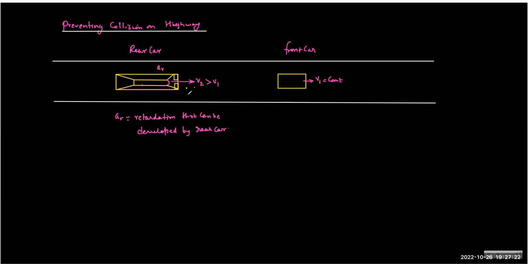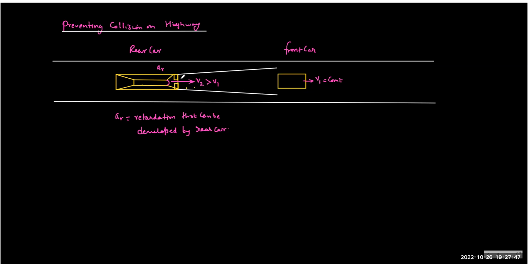And because the headlight of a car cannot let you see far away, you can only see up to a certain range. And the moment the front car comes in your range, you will realize that there's a car.